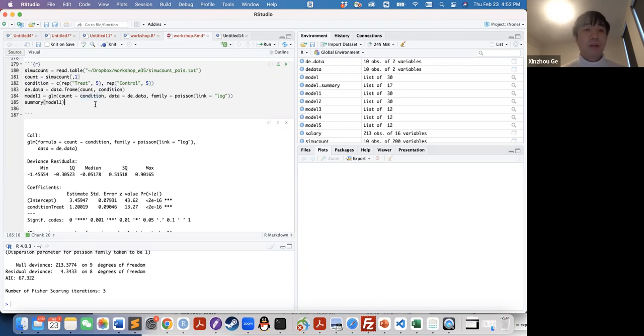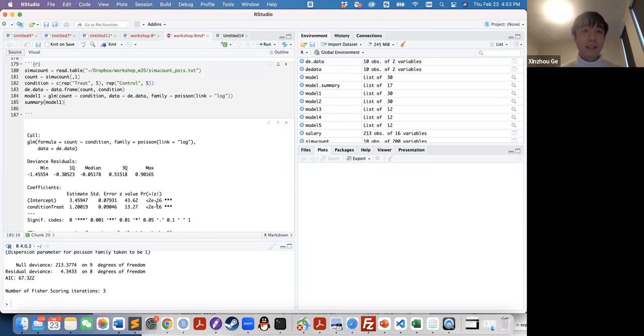But if we have multiple predictors, the p-values here are only for one predictor. If you want to know whether all of the predictors are equal to 0, you may need to use another test, for example, the ANOVA.